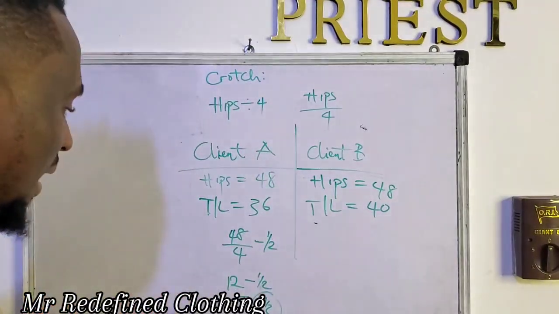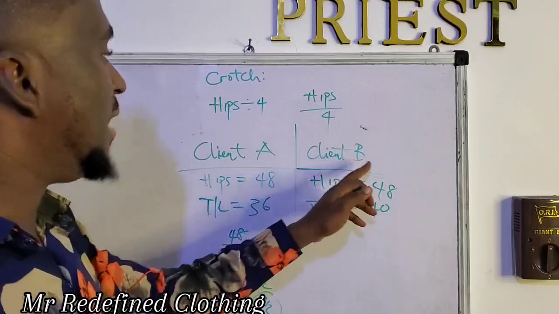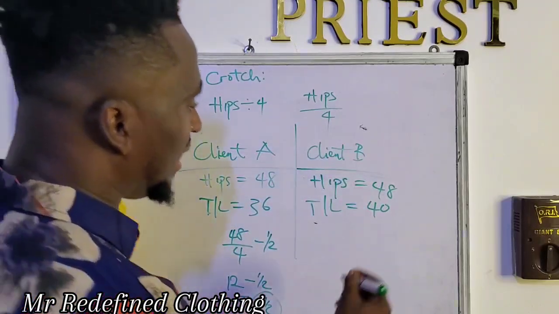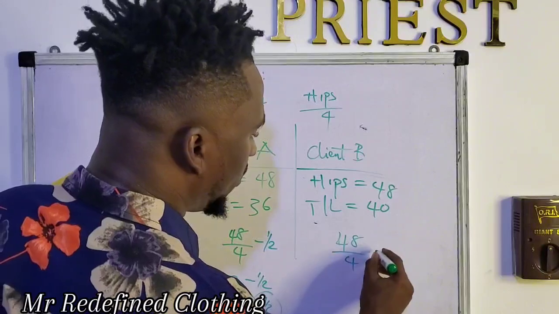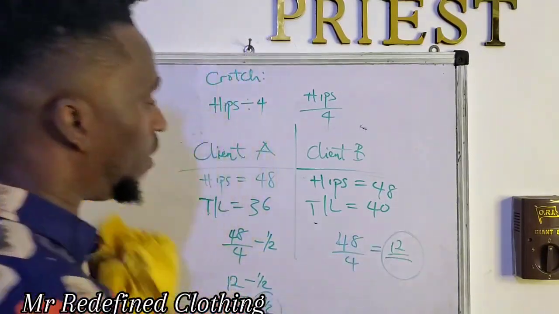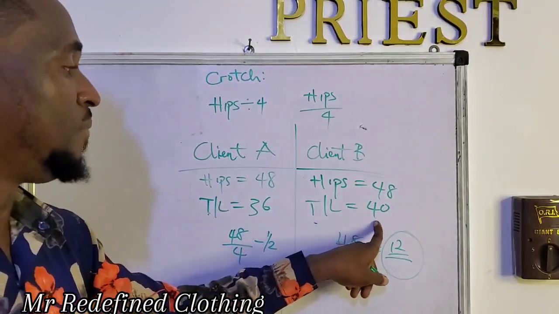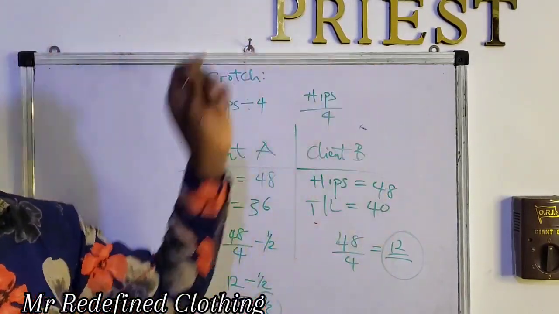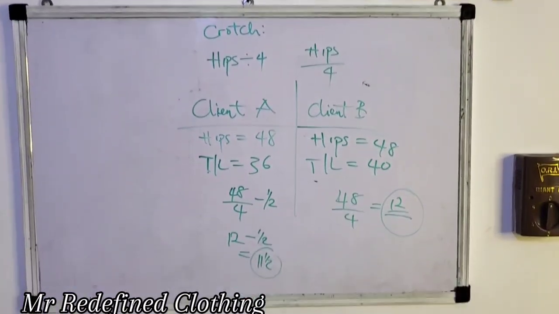Now, for client B, his hips is 48, so 48 divided by 4 will give you 12. So 12 is the crotch for client B because his trouser length is 39 inches and above. So this will work for every person, right?